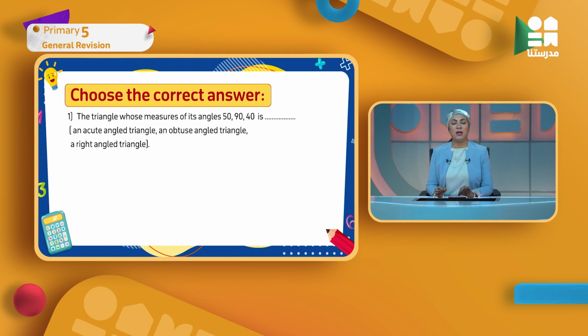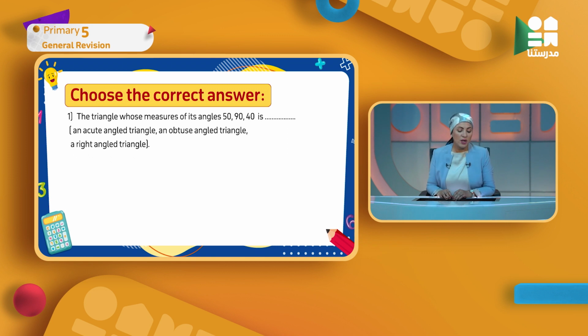Before deciding on which type of triangle I am going to choose, I need first to concentrate on the three measures of angles that I have. We know that every triangle has three angles. According to the measure of these angles, I can decide on which type of triangle I am dealing with.